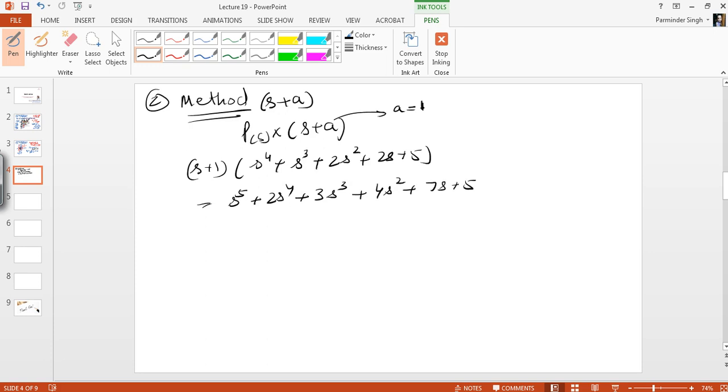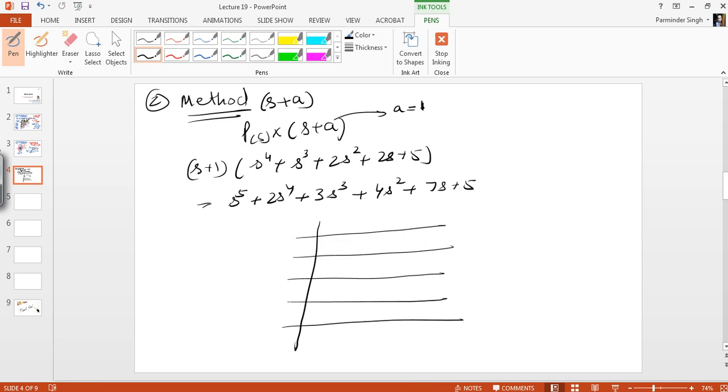Clear? Now we have this new polynomial equation. We'll prepare an array for this. Again, now the highest power is 5, so the number of rows should be 6. So that means 1, 2, 3, 4, 5 and 6. So the array will be like 1, 3, 7, 2, 4, 5.